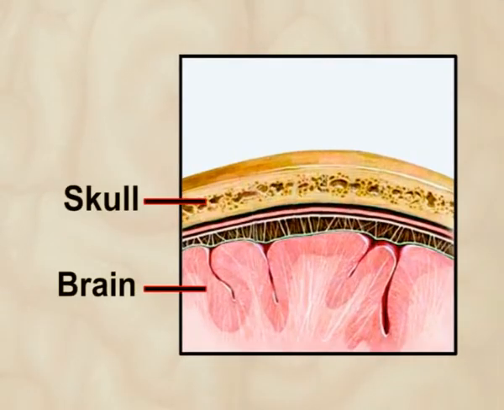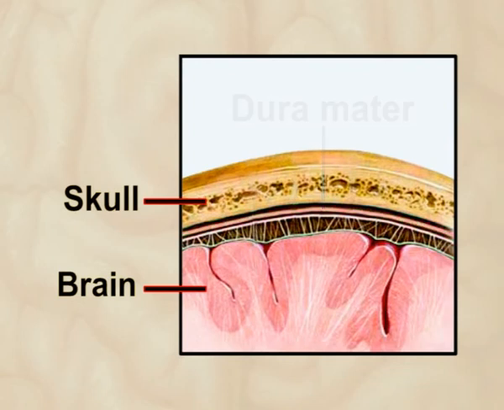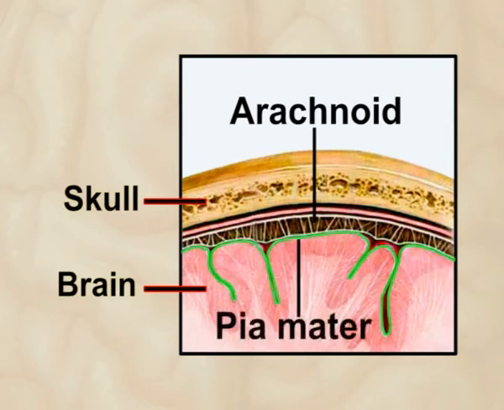Three layers cover the brain: the dura mater, a tough leathery outer covering; the arachnoid, a thin inner layer with thread-like strands that attach it to the third layer, pia mater, and this layer is a thin, delicate covering tightly attached to the surface of the brain.